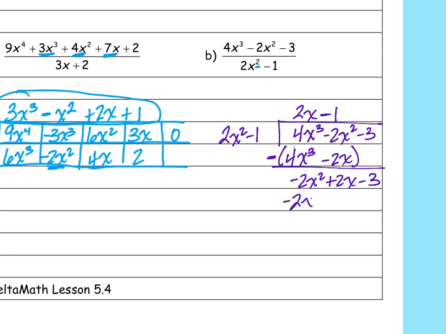So it's negative 2x squared plus 1, and I'm going to subtract that. And that gives me 2x minus 2. Beautiful. So that gives me plus 2x minus 2 divided by 2x squared minus 1.